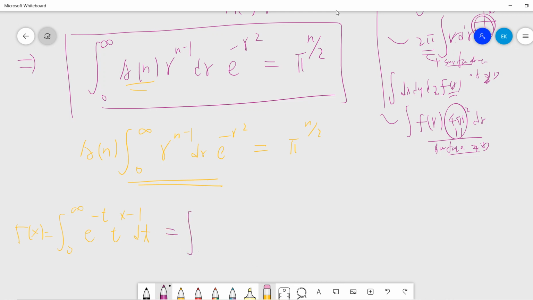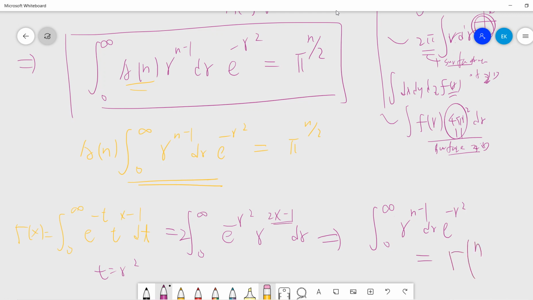You can let t equal r squared, so you have r to the 2x minus 1 dr times 2. From here, 2x minus 1 should equal n minus 1, so this is gamma of n divided by 2.